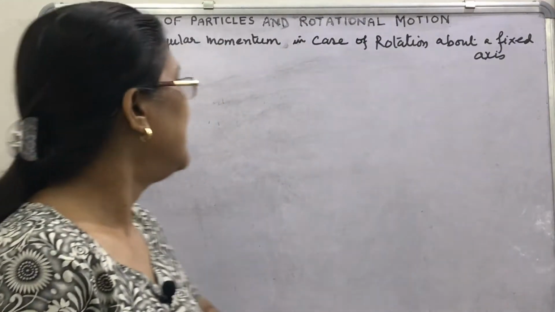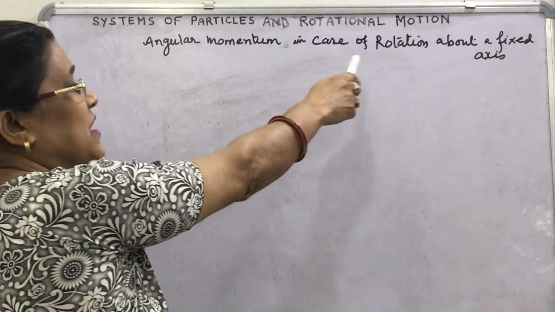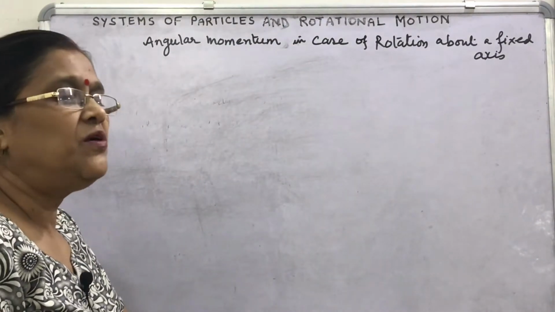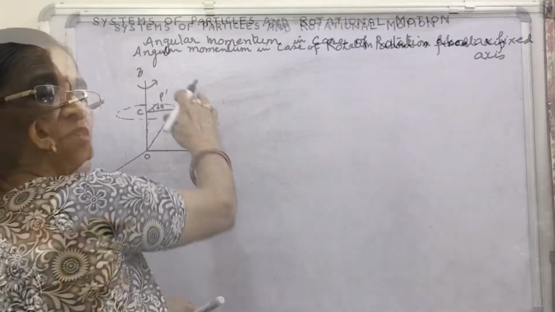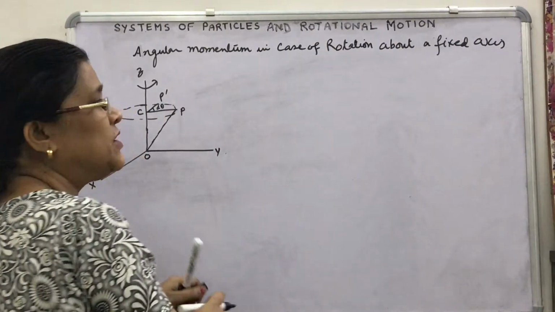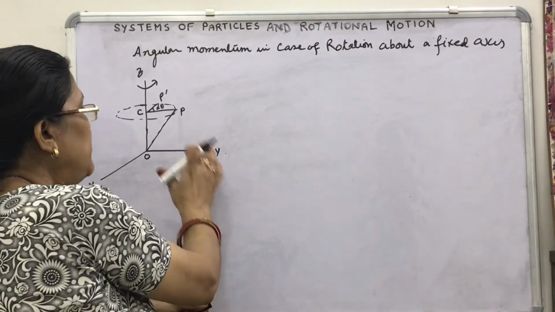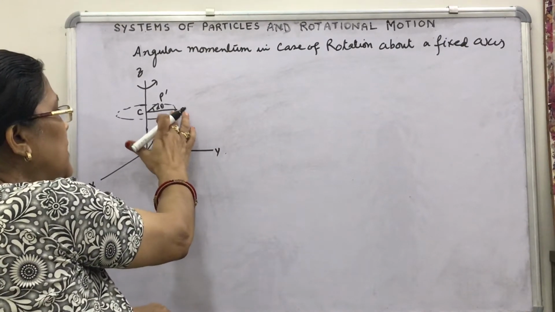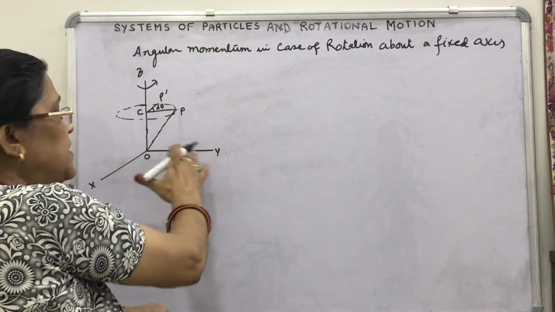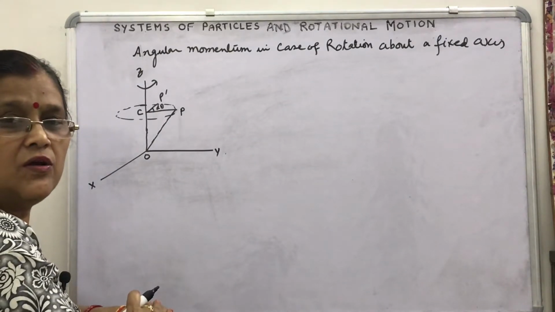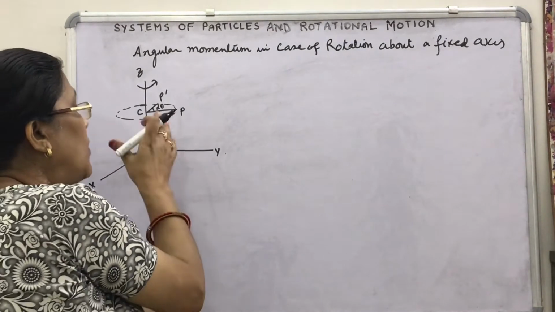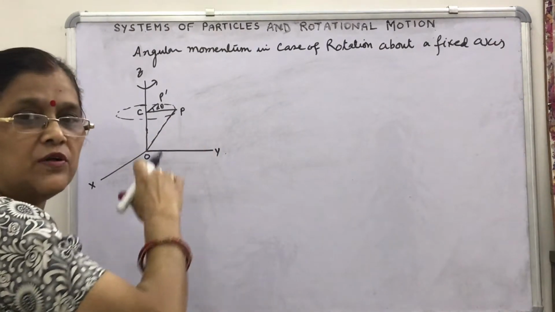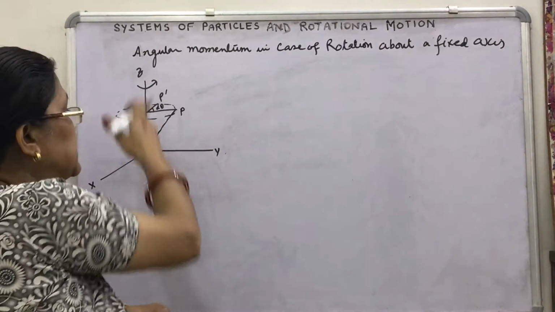Let's start. Angular momentum in case of rotation about a fixed axis. If we consider a particle P, a typical particle situated in the rigid body, all the particles along with the rigid body rotate with the same angular velocity omega about the fixed axis.